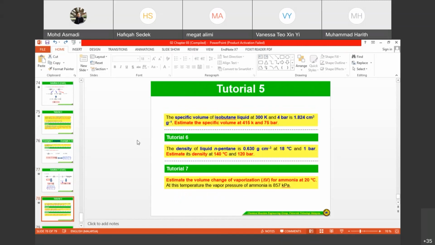What I want to do for this one is look at tutorial number 5, the last tutorial for the liquid.